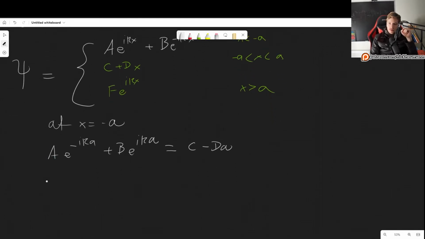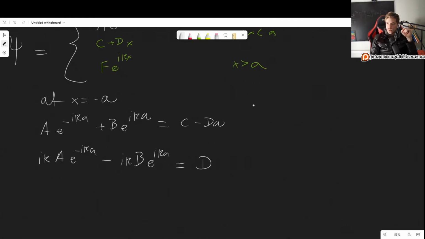So we get that ik times a e to the minus ika minus ikb e to the ika has to be equal to, now c goes away, it's a constant, we are only left with d. Okay, so these are equations 1 and 2.